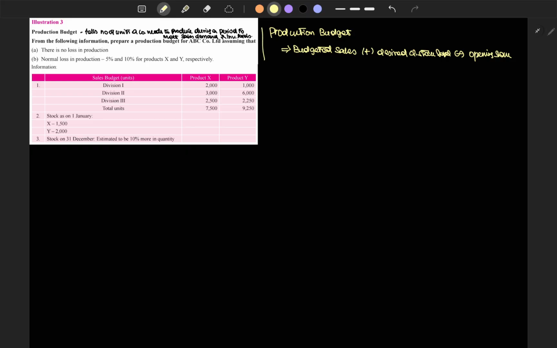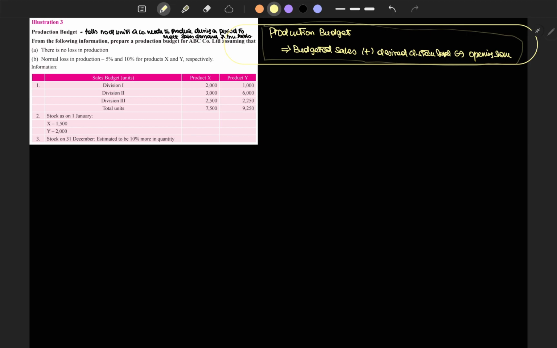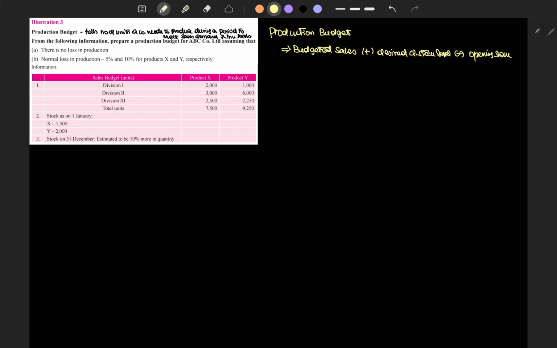These are all the things we have to understand when it comes to production budget, and that's what the formula is also about. Production budget tells the number of units a company needs to produce during a period to meet the sales demand of that period while maintaining the inventory levels. That's what I have also given. Okay, let's get into the problem.